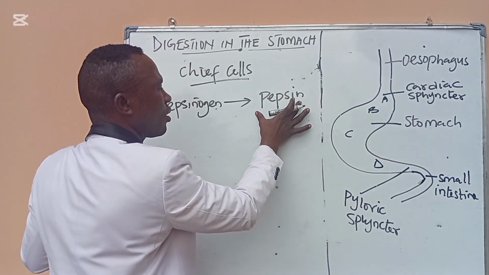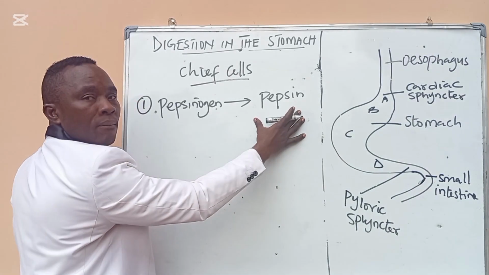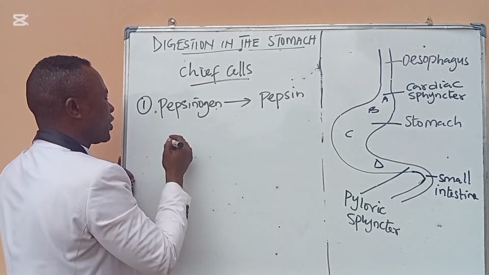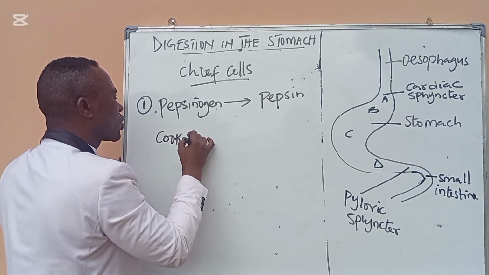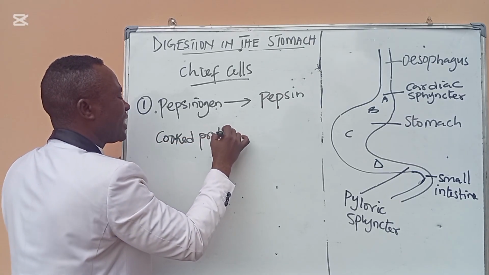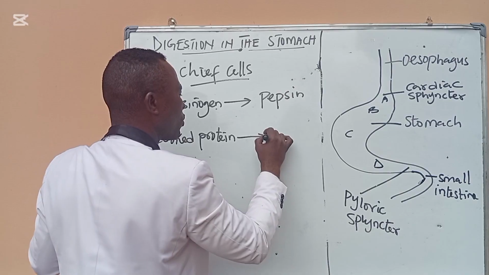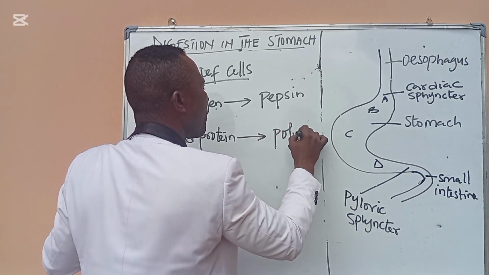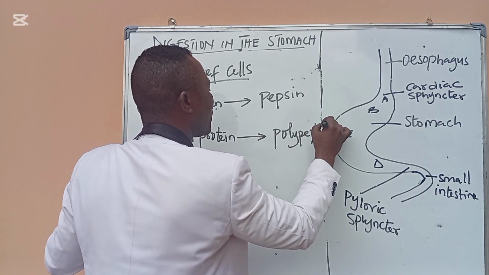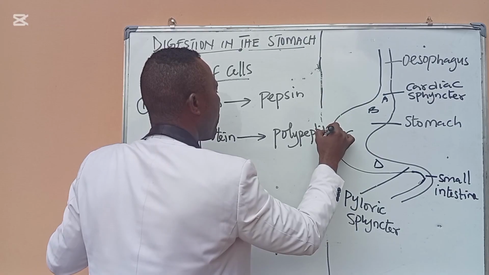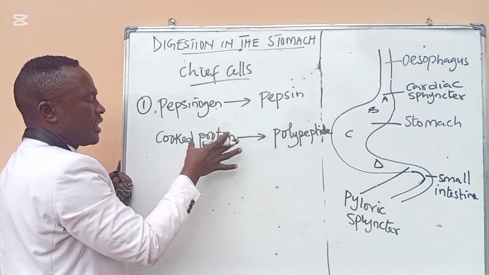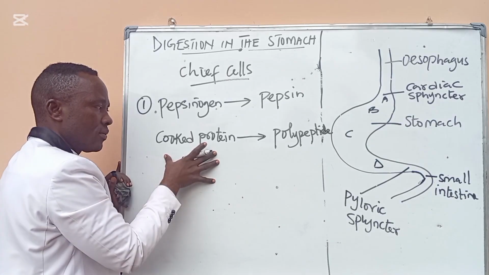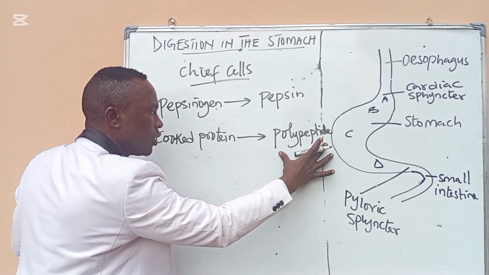What is the function of this pepsin? The function of the pepsin is to digest cooked protein, converting it to polypeptide.